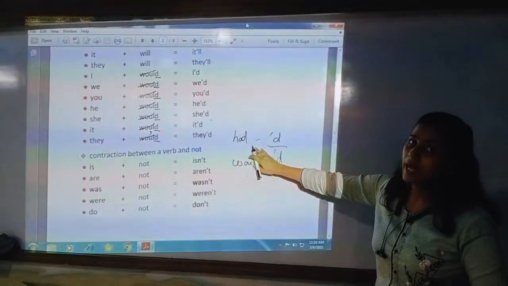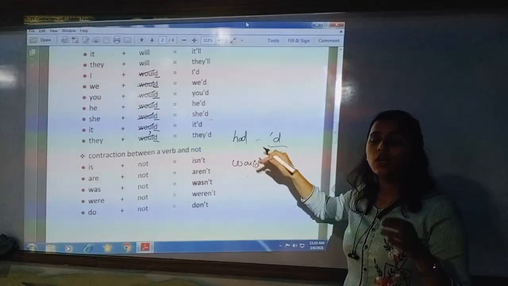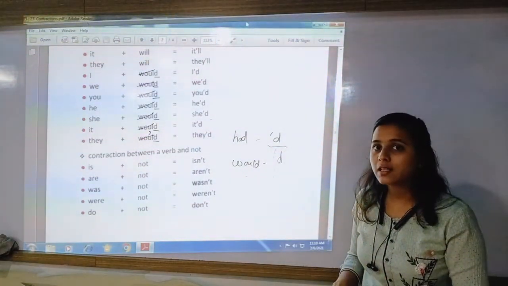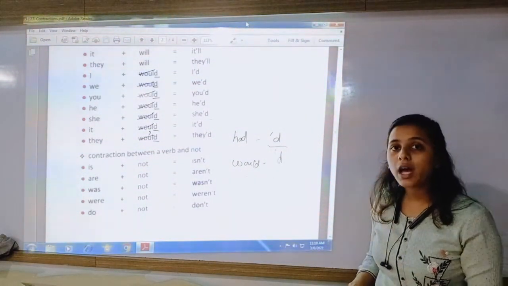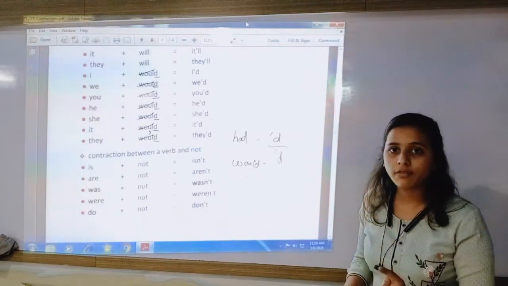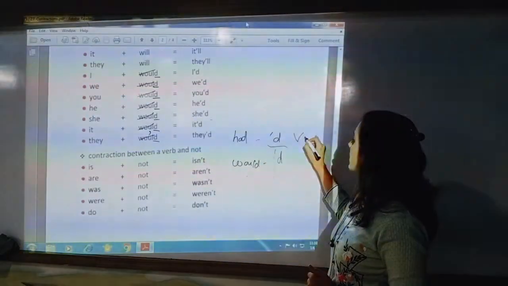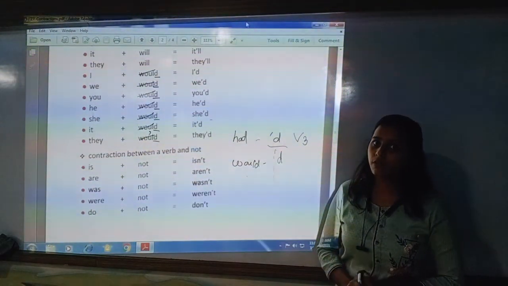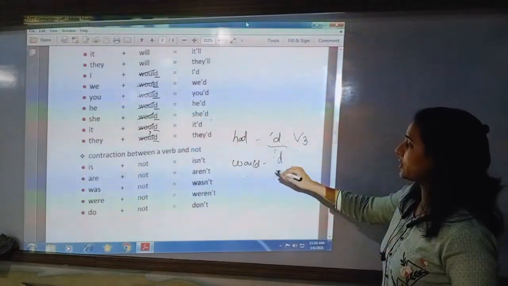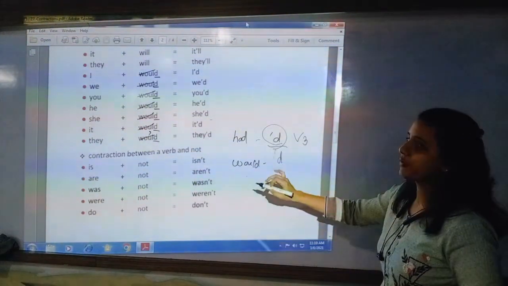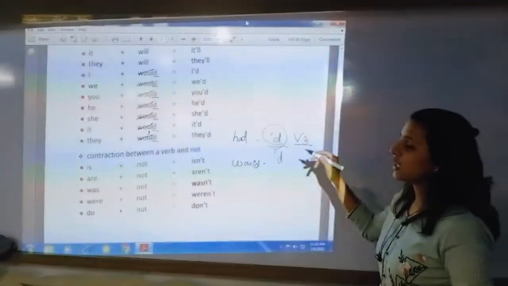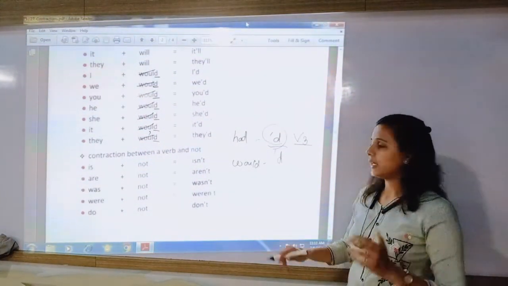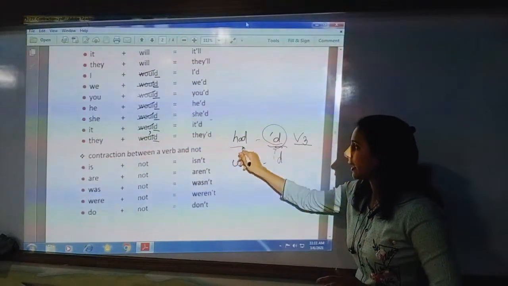See, has, have, had is used for perfect present tense, has, have; for perfect past tense, had is used. And where we use perfect present or perfect past, we will use the third form of verb, that is past participle form of verb. So if you see, after apostrophe D, the verb's third form, that means the past participle form, is used, then the D is for had.